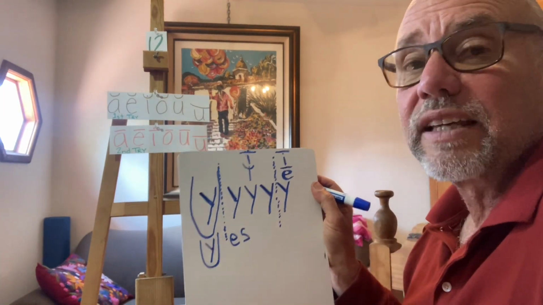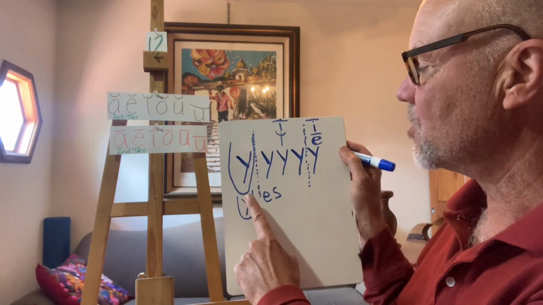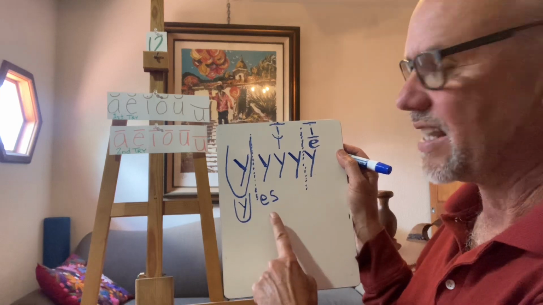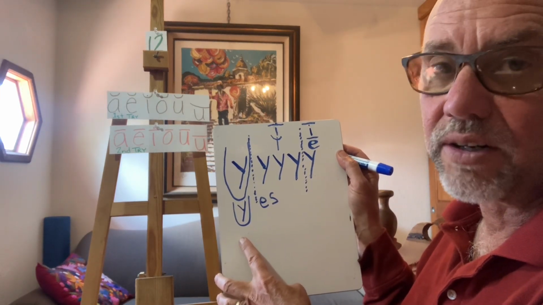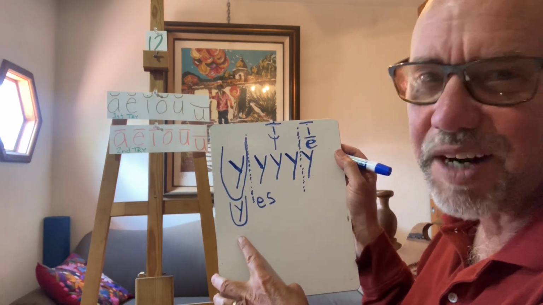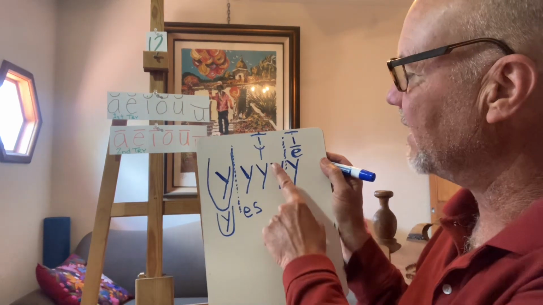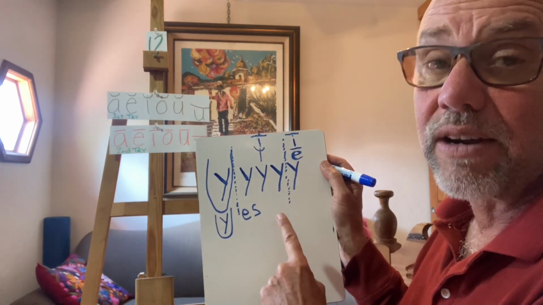The most important thing you need to pay attention to is where it is. Y first letter: yes, yellow, yesterday, yo-yo, Yolanda, yucky, yummy, okay? Y inside a word, first try I, as in syrup.